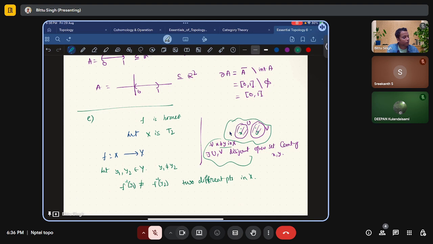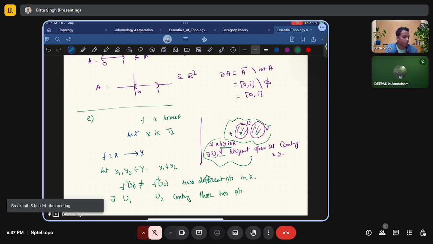For any two different points, we can choose two disjoint open sets which separate those two points. So there exist U1 and U2 containing those two points such that their intersection is empty.